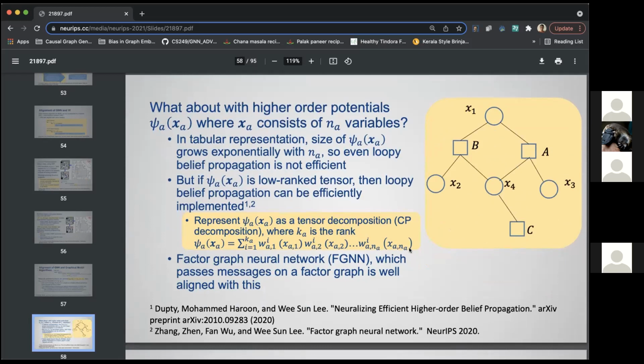So we might ask, how about higher order potentials? For the sake of time, I'm not going to cover this in too much detail, but the high level idea is we can rewrite this potential function, which takes as input more than two random variables, as a tensor decomposition, and then look at sums over all these different potentials.